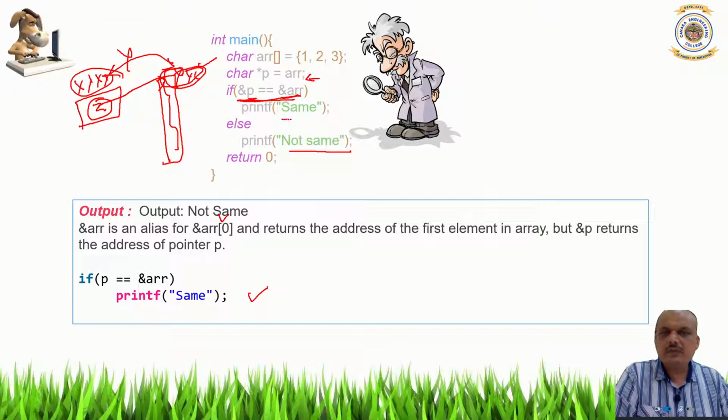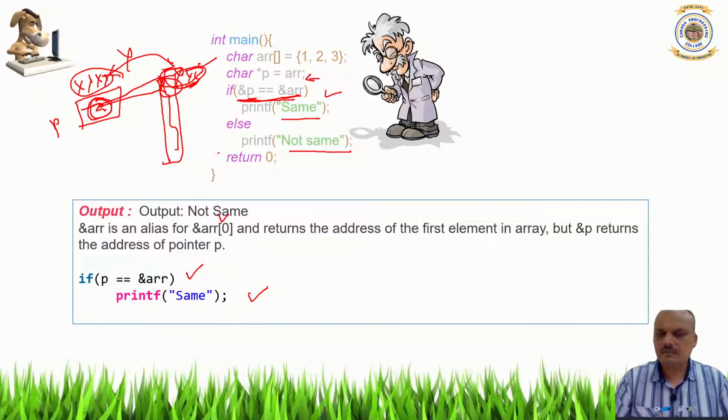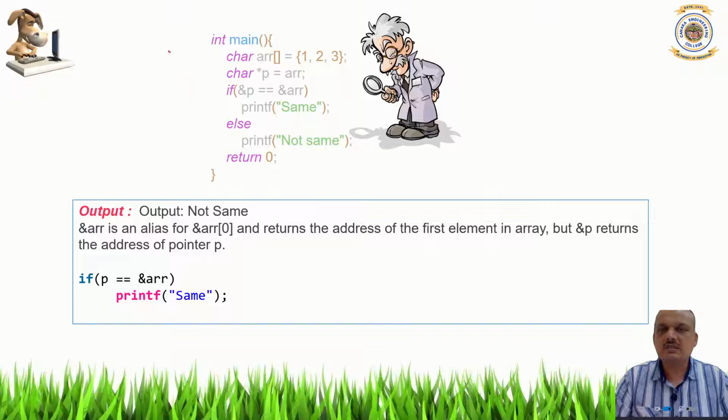In fact, if you want to print same, then you have to replace this line of code with P is equal to &A. That is, the content of P: is it equal to the address of A? The value pointed to by P is basically the first element of the array. So it's not *P, it is P is equal to &A, mind you. That pretty much summarizes the analysis of this piece of code and the result that you get out of it, which is not same.